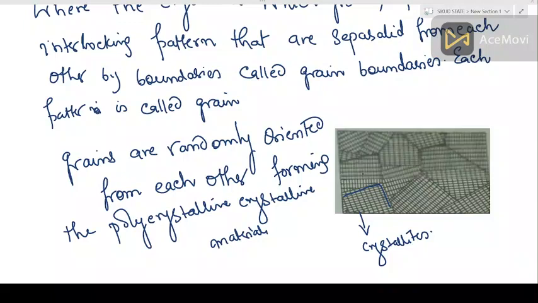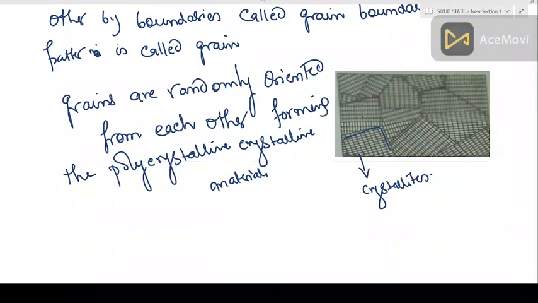So these grains, these individual regions, are oriented differently. For getting a clearer understanding, if you have studied the domain theory of ferromagnetism, then you can relate this to what happens in a ferromagnetic domain in the presence and in the absence of magnetization.